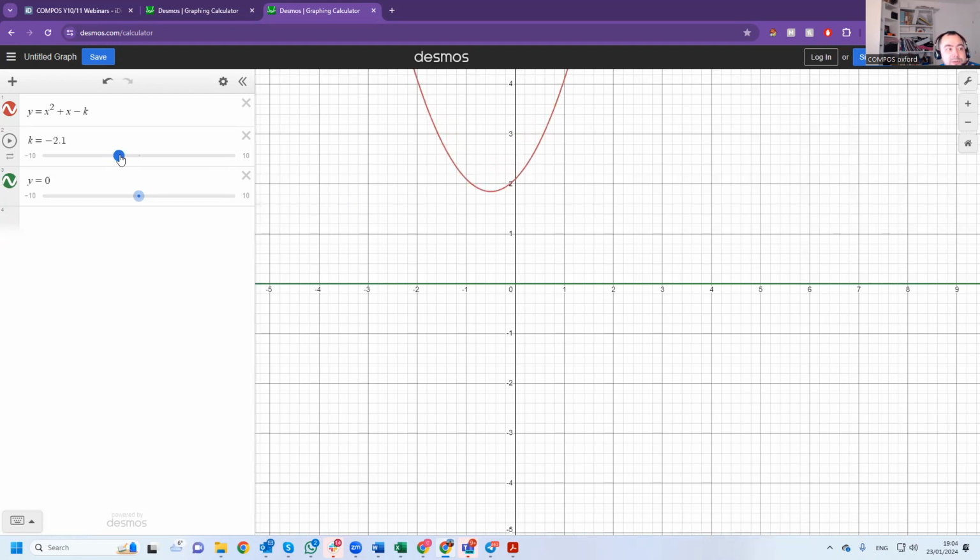If k is minus 2, no roots. Minus 1, no roots. However, 0, yes, we have two roots. Therefore, this largest number is minus 1.